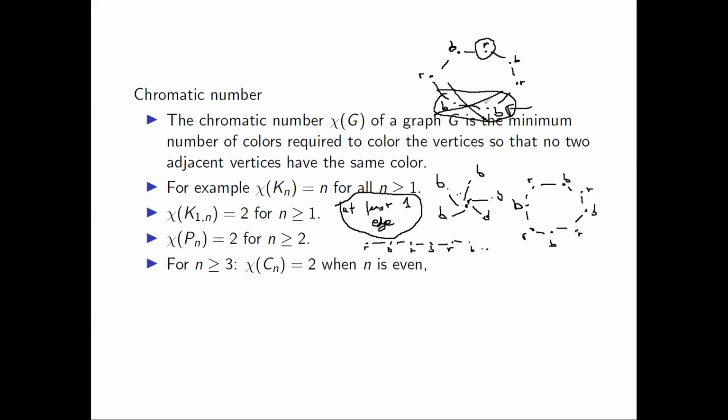If we try to use two colors, we are guaranteed to have 2 adjacent vertices of the same color. So we know that the chromatic number of Cn is strictly greater than 2 if n is odd.